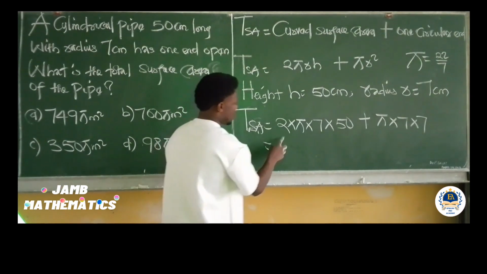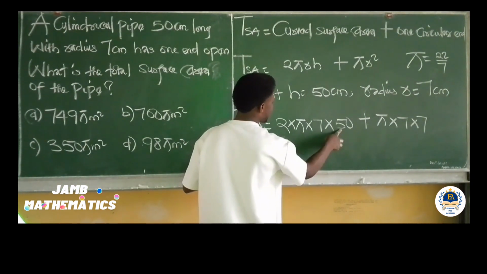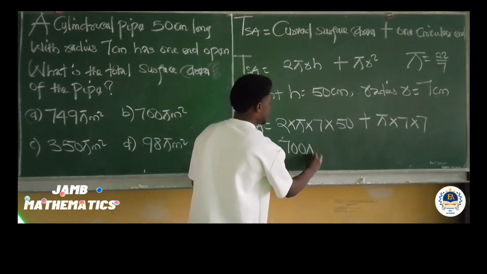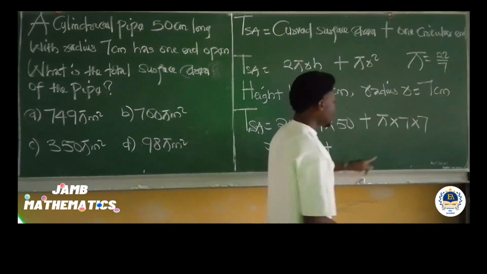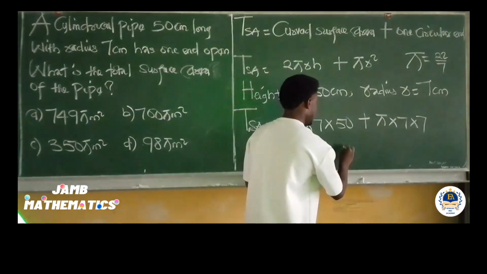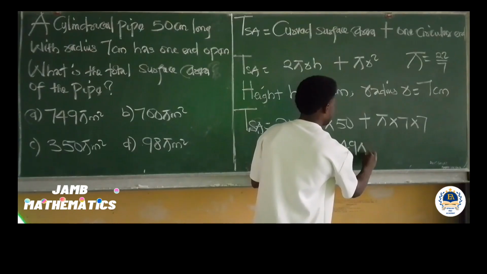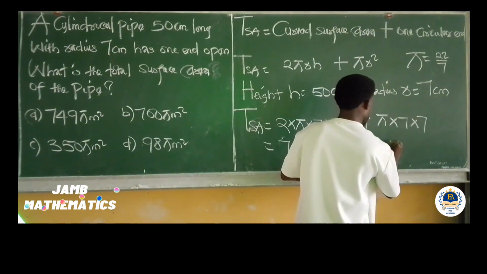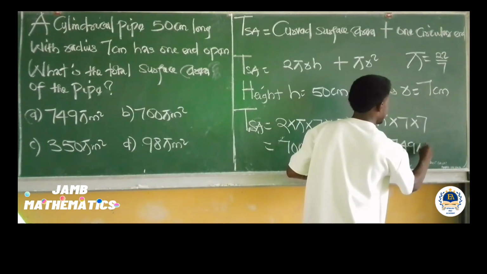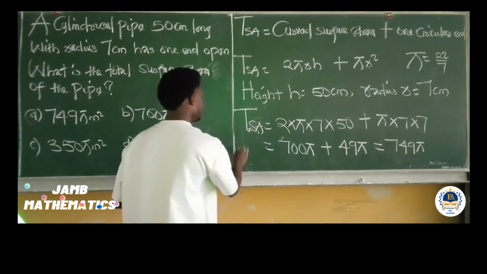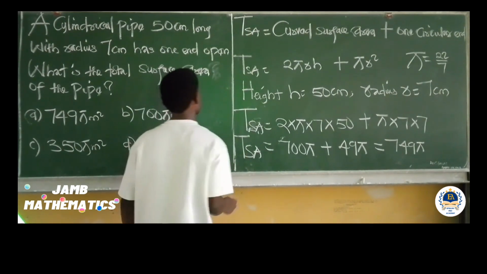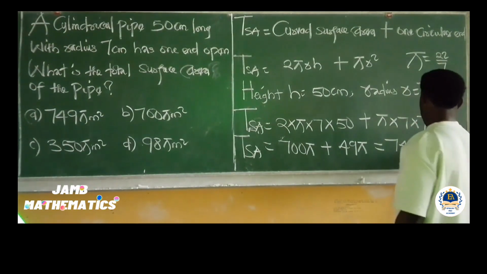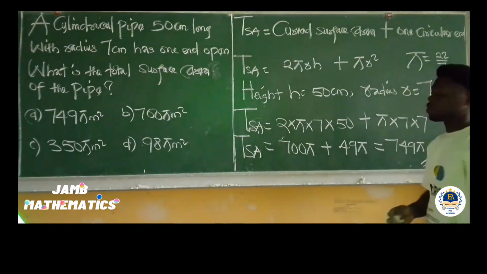So this gives 2 times 50 gives 100, and 100 times 7 gives 700 pi plus 7 times 7 gives 49 pi. So 700 pi plus 49 pi gives 749 pi. So the correct answer for the total surface area of the pipe on the board is 749 pi in meter squared. So that is the correct option.